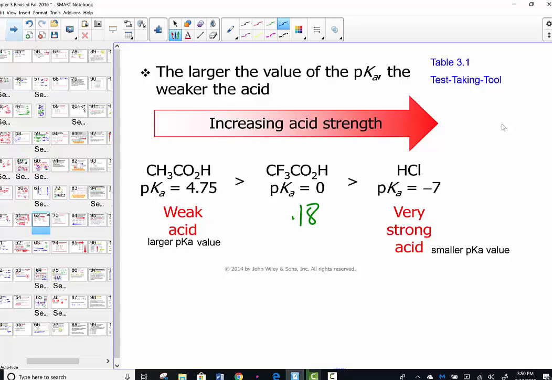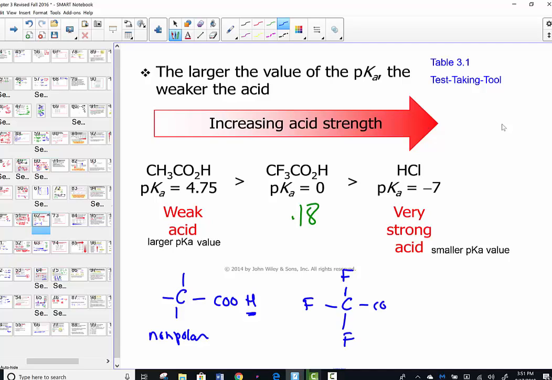Let's take a peek at some trends and observations. A moment ago we had these hydrogens on the carbon and then a COOH. Here's the acid hydrogen. This was a nonpolar region. We replaced those hydrogens with fluorines.